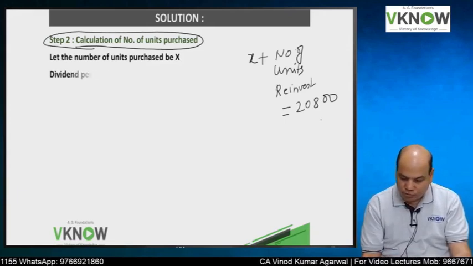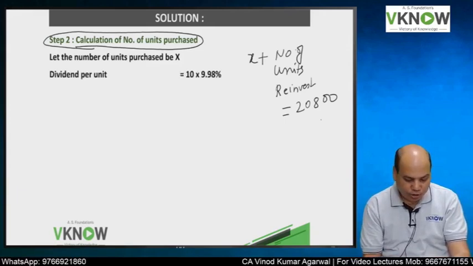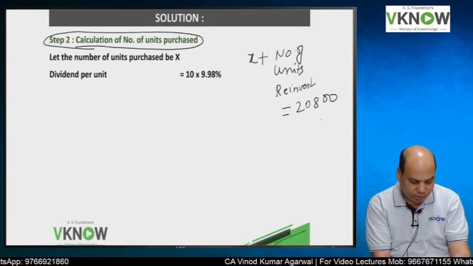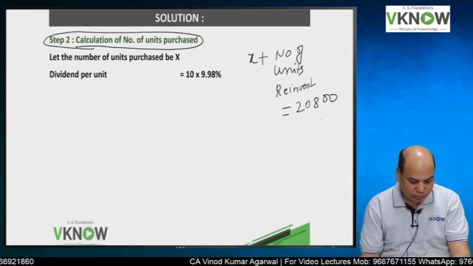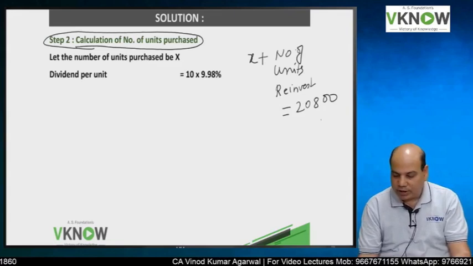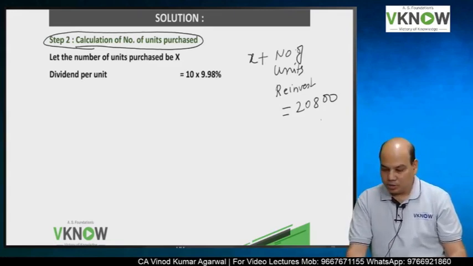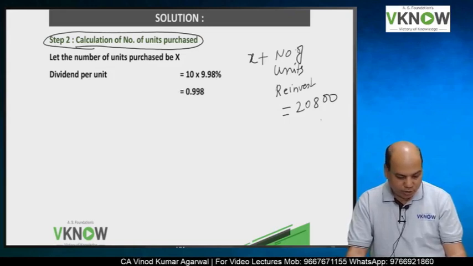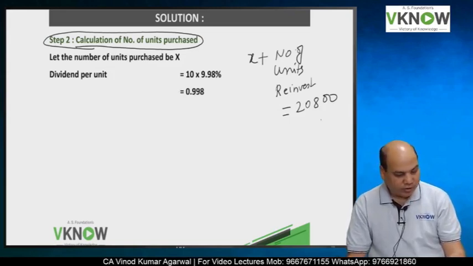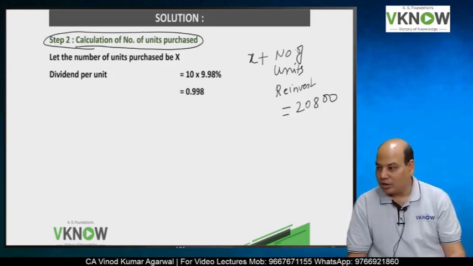And then you have to write down dividend per unit. Dividend per unit will be 10 into 9.98%, which means dividend per unit is 0.998. Correct?